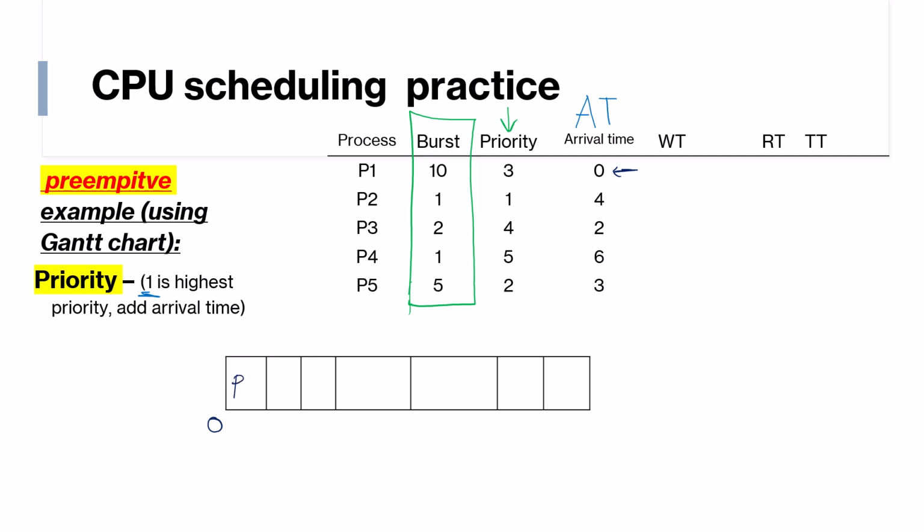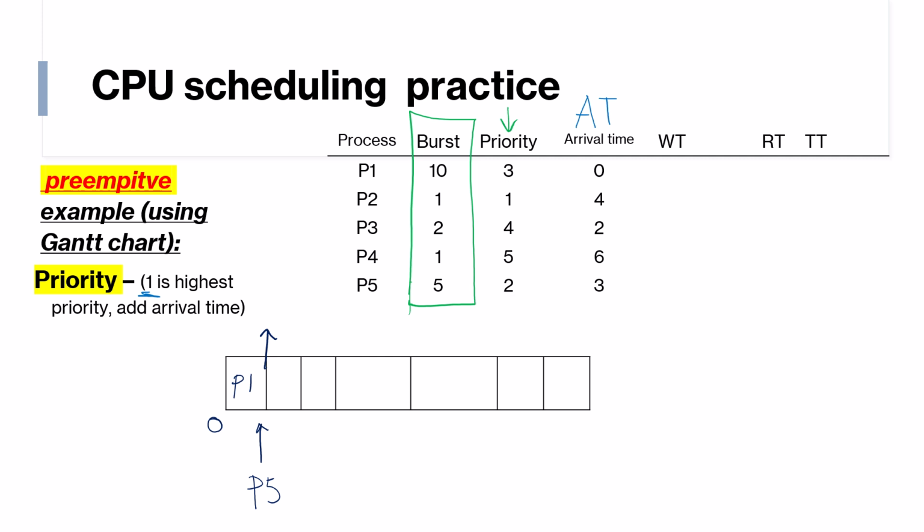P1 is ready to go, but P1 has a CPU burst of 10, and it is not going to get to complete it because at time 3, we have the arrival of P5. And when P5 arrives at time 3, P1 is going to be kicked off of the CPU because P5 has a higher priority, which is a 2, and P1 has a priority of 3.